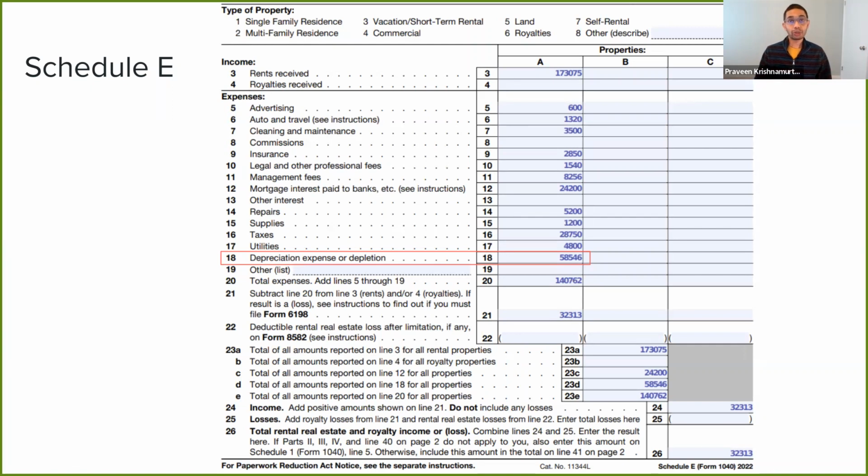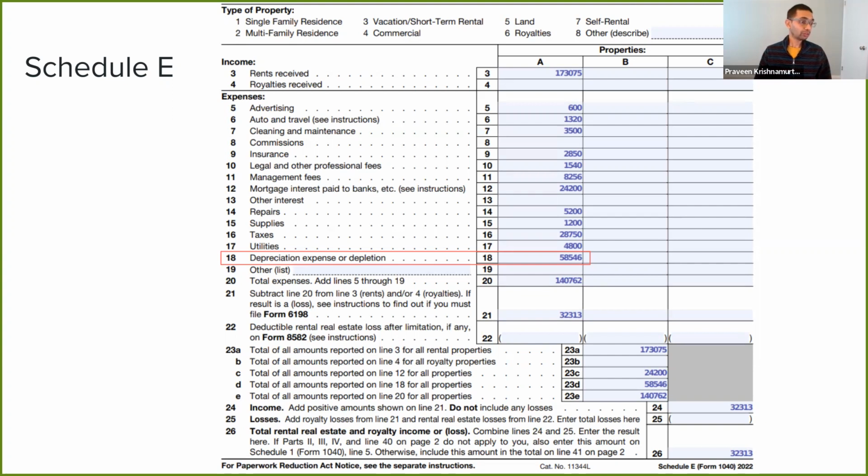There is a caveat with depreciation. There is something called a depreciation recapture that you have to pay when you sell the property. Again, it's technical. I don't want to get into the weeds of it. If you sell the property before its lifespan is over, you'll have to pay a recapture, but that can be done potentially at a lower tax rate.